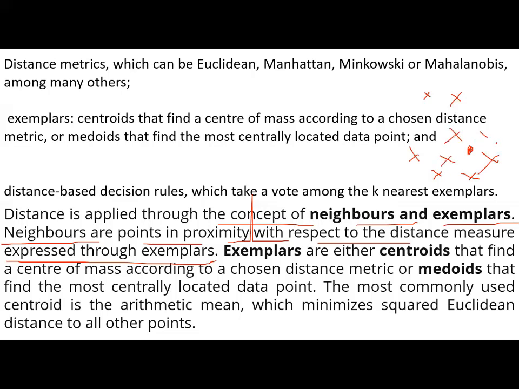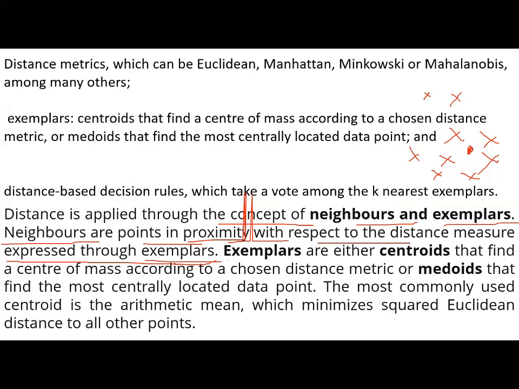Who are called neighbors for this? Neighbors are the points in proximity with respect to the distance measure expressed through exemplars. Exemplars are methods which explain how to measure the distance.